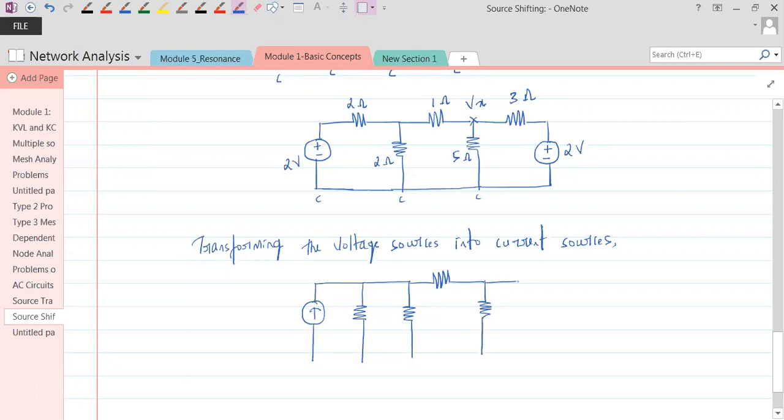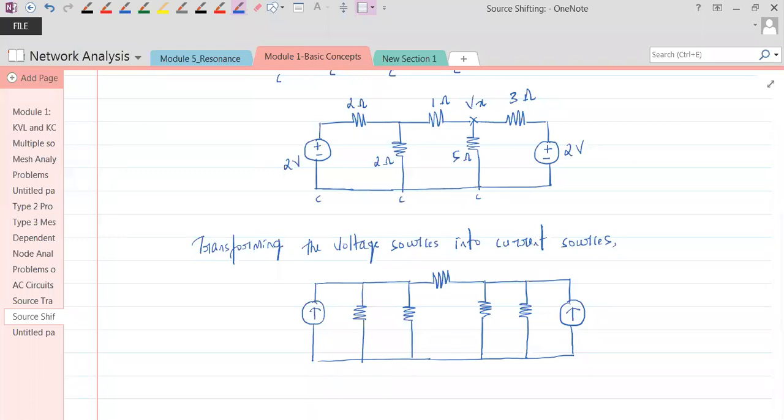Okay, then this, then this. I have transformed the other 2 volts also. You have to just fill in these. Everybody do it yourselves. This is a current source, current flowing upwards because the positive sign is at the top.